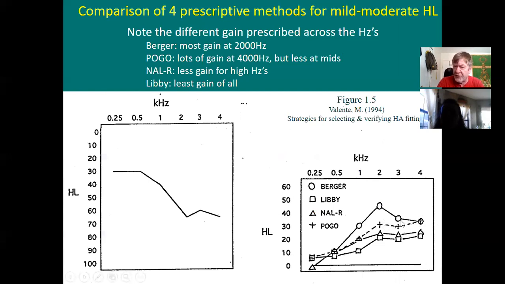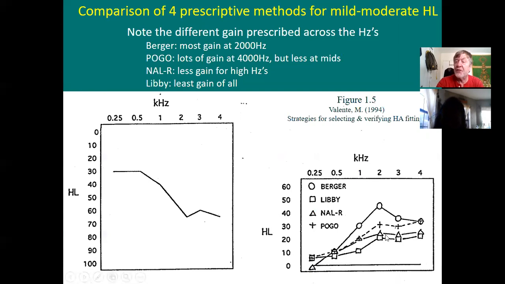POGO, I should say not Libby, POGO, the plus signs. Less in the mids, still lots of highs at 4. Then you had Libby, the squares, third gain. And then look at NAL, the triangles.